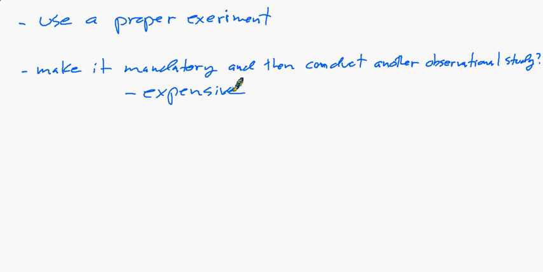Not to mention, we're implementing a policy we don't necessarily know is effective, and we're doing this to people. We don't want to act arbitrarily with people, which gets back to ethics. We need to treat people reasonably and fairly.